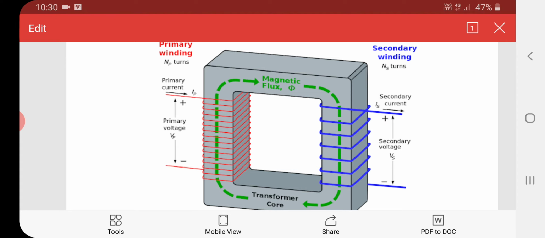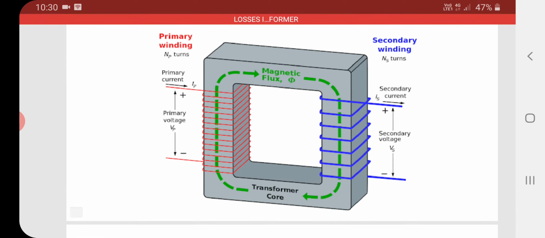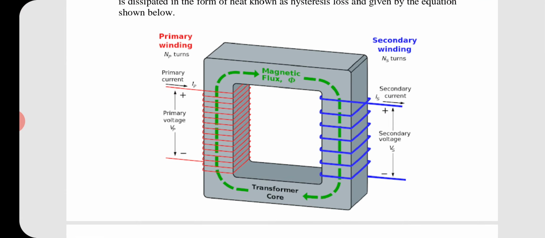So when current I1 flows in the primary winding and current I2 flows in the secondary winding, both windings are made up of some metal, and both windings will have their own resistance. Say the primary winding has resistance R1 and the secondary winding has resistance R2.